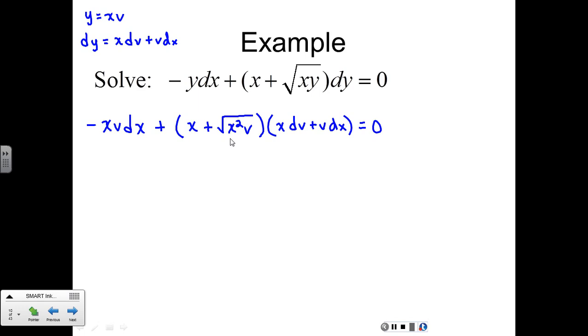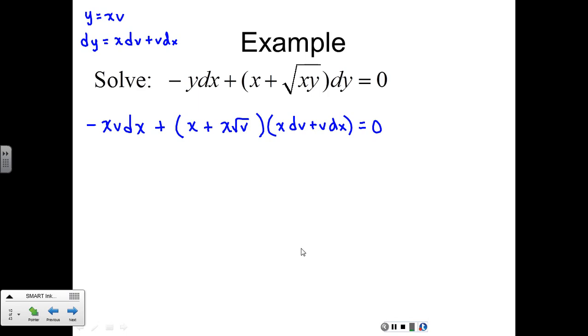The square root of x squared v? What's the square root of x squared? Can I pull an x out of that radical? Then I just have the radical v part.